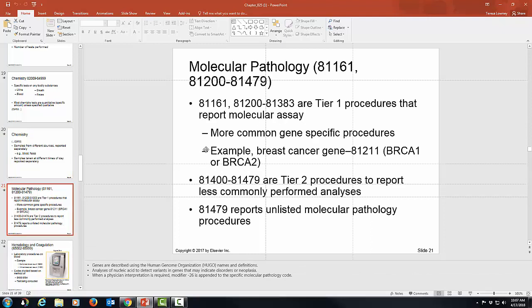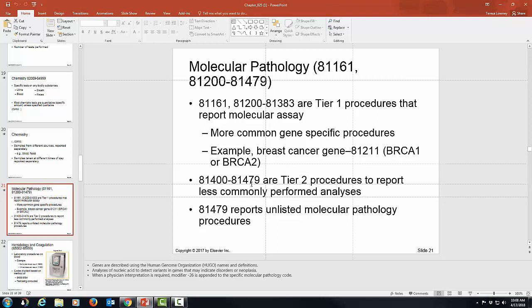Okay, and then molecular pathology. So there's tier 1 and tier 2 sections for molecular pathology. And again, that's the first thing you need to pay attention to: is this a tier 1 or a tier 2? For example, tier 1 is the more common gene-specific procedures, like the BRCA cancer gene, the breast cancer gene, 81211, BRCA1 or BRCA2.